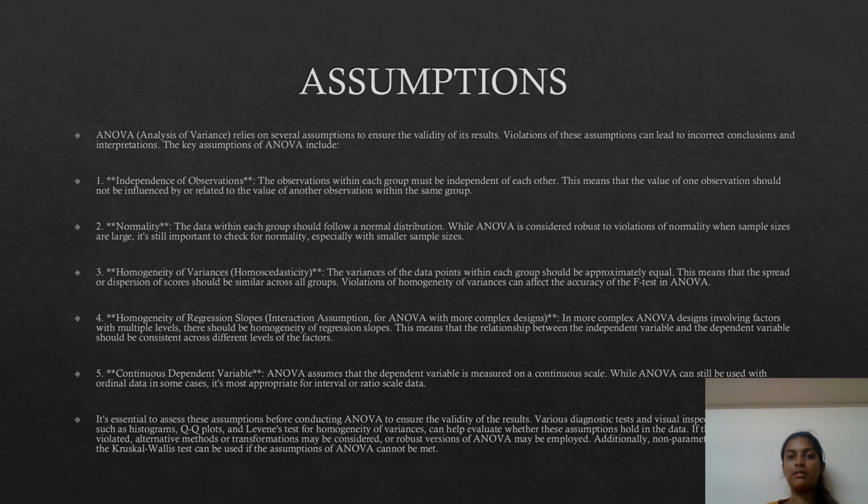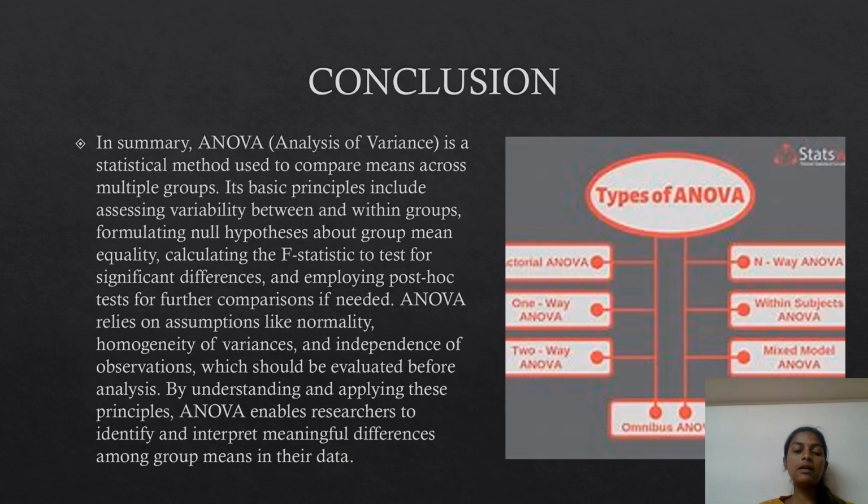By seeing all those things, we can conclude that ANOVA is a statistical method used to compare the means across multiple groups. Its basic principles include assessing the variability between and within the groups, formulating the null hypothesis about group mean equality, calculating the F statistic to test for significant differences, and employing post hoc tests for further comparison if needed.